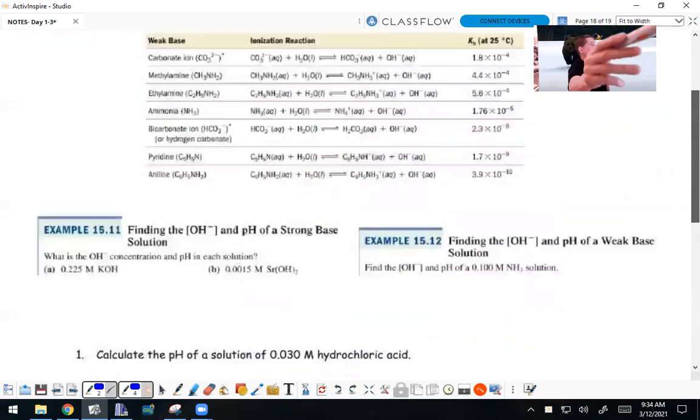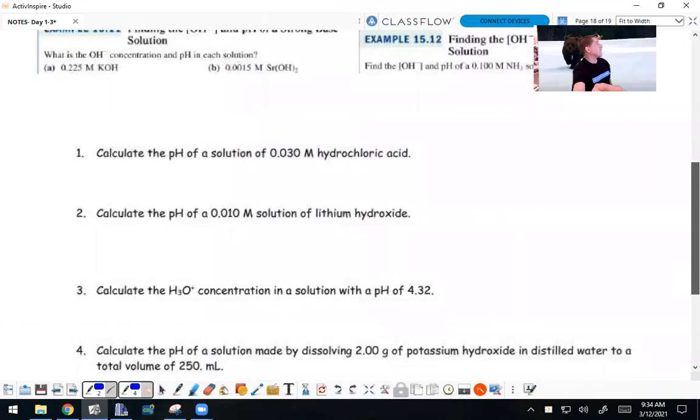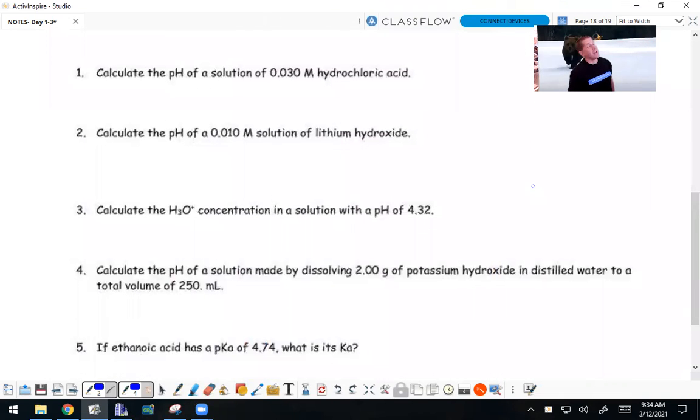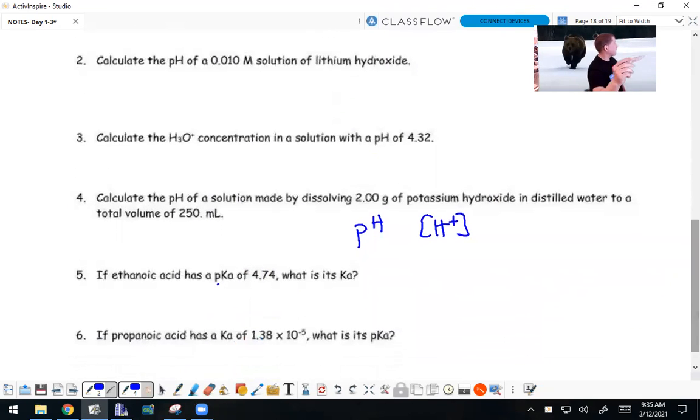All right, so I would like you to go to page 5 then. So at the bottom here, you have these problems. And at the bottom of the problems, I have the answers. So check yourself. Remember when you see P in front of something, it's negative log. And so if you're given the pKa, that would be the same as given the pH. So if we're given the pH and we want to know the H plus, I'm looking at number 5 here.